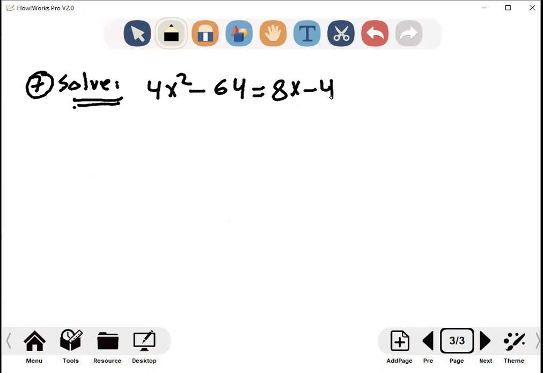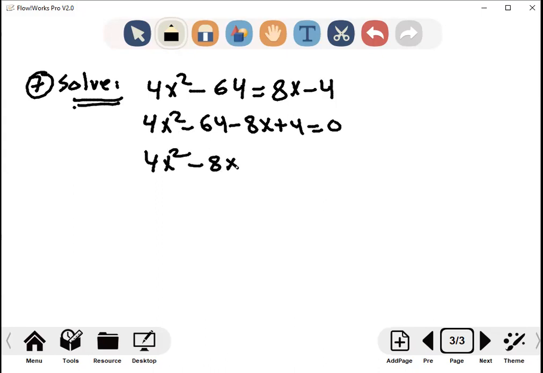First step, make it in the standard form. Shift all of this here. So it will be 4x power 2 minus 64 minus 8x plus 4 equal 0. Combine the like terms, right? 4x power 2 minus 8x. Now minus 64 plus 4 is minus 60 equal 0.